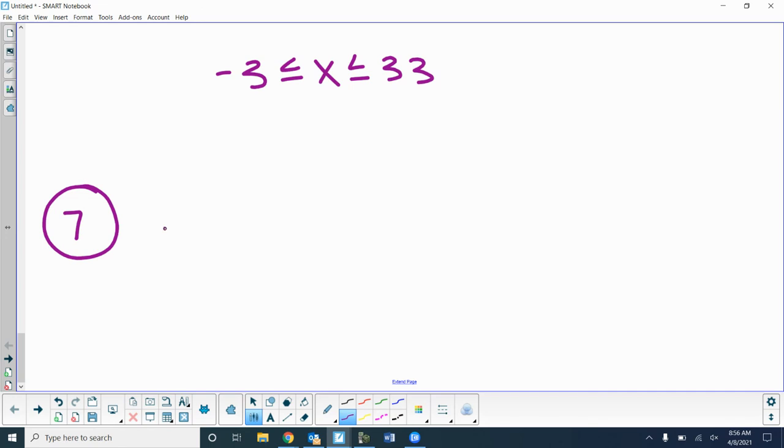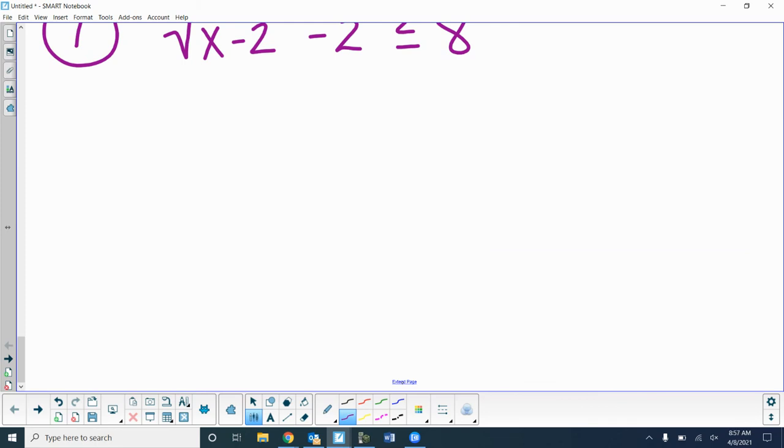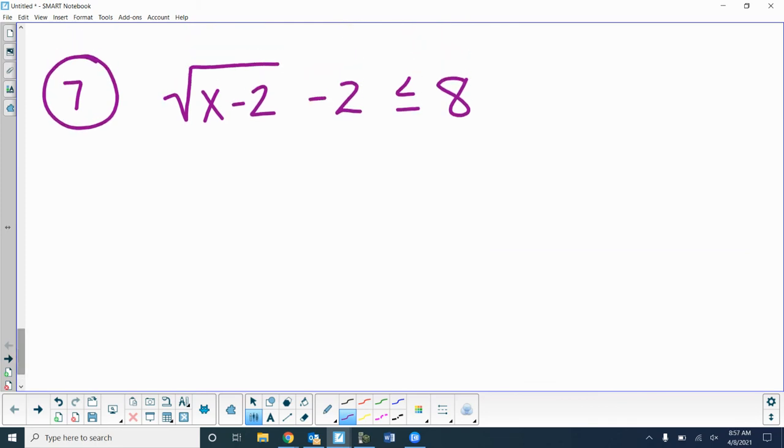All right, number 7 is like 1 and 2. What do we have to do first, Trent? You want to isolate the radical. Right, so what do I do first then to isolate? Add 2. Good. Add the 2.